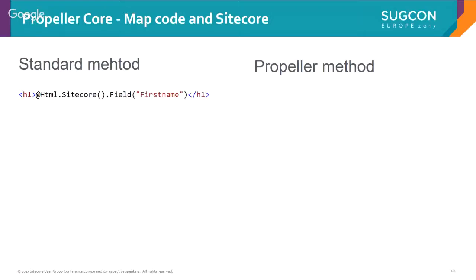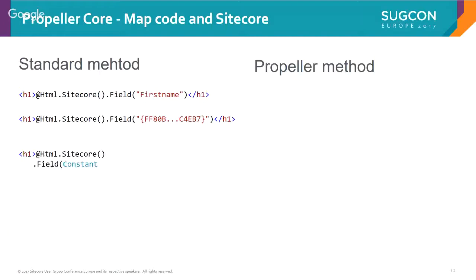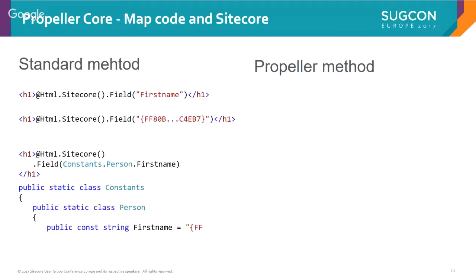So an example of how we would do it normally is the loosely typed way, by just putting in the name. We could use the ID. That's not very helpful either, because you can't read what you're pulling out. So what most people do is they make a static file with these identifiers. So how should we implement this in the Propeller method?